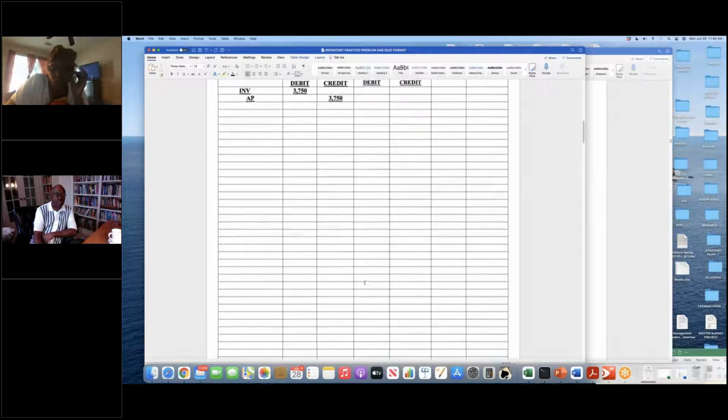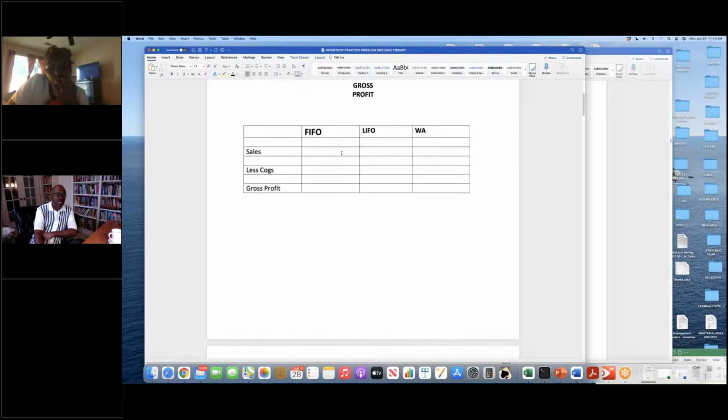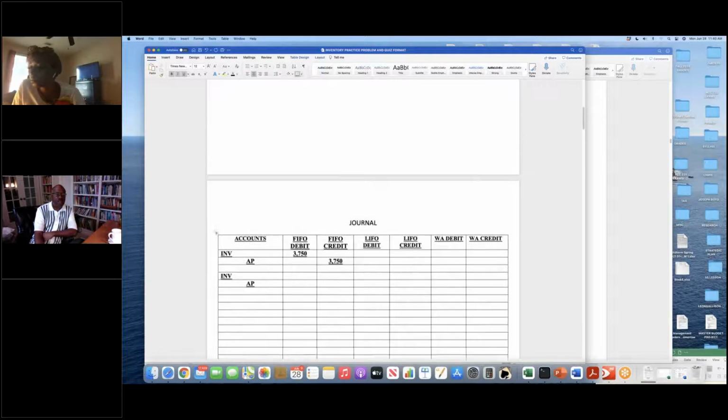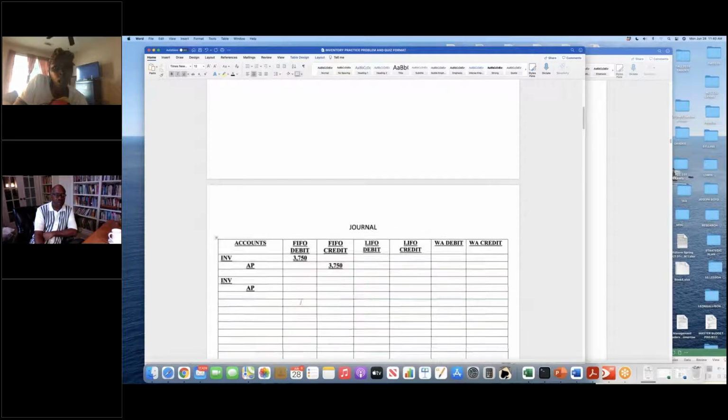Then we had another purchase of what? 100 shoes at $30 each for $3,000. So we have to come in here and make this journal entry again. We're going to debit inventory and credit accounts payable. And what's our amount going to be? $3,000? Yeah.